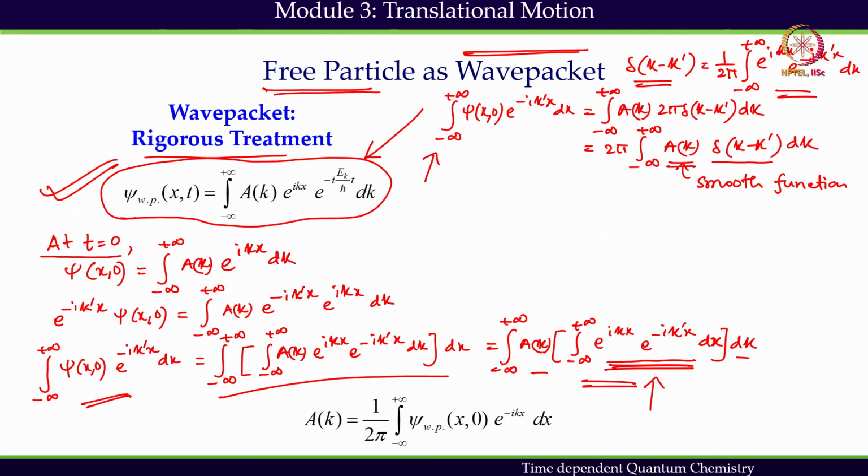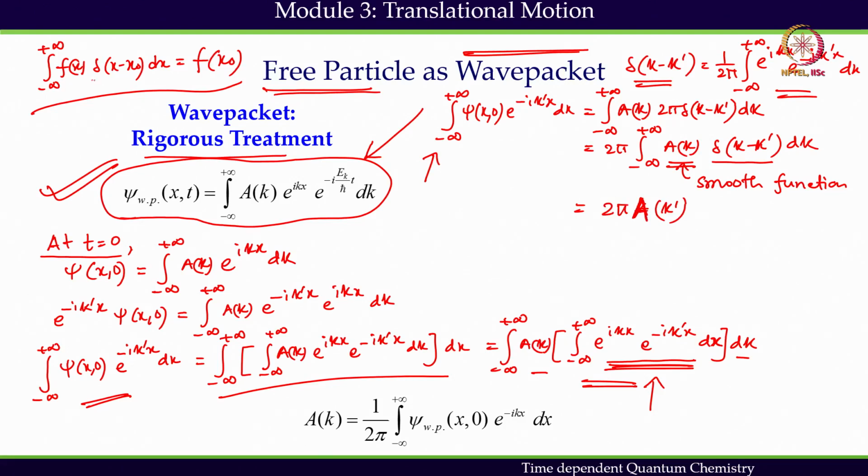If I have minus infinity to plus infinity f x delta x minus x naught dx, this is nothing but f of x naught. This is another property of the delta function, and if I use that property, I can write this one to be 2 pi a k dash.